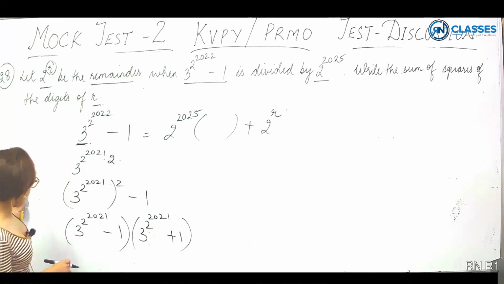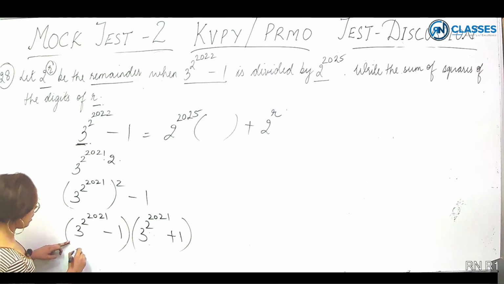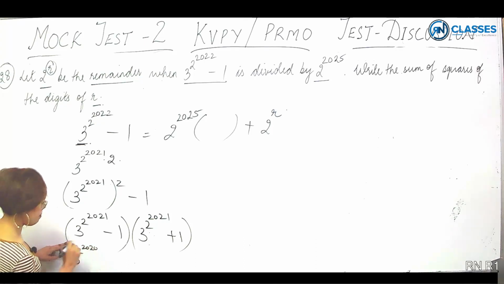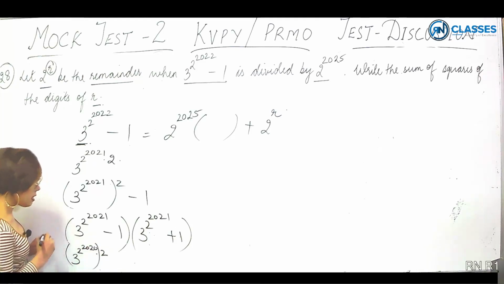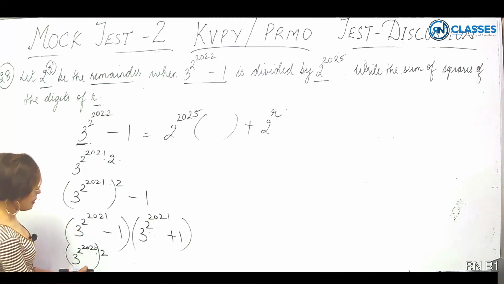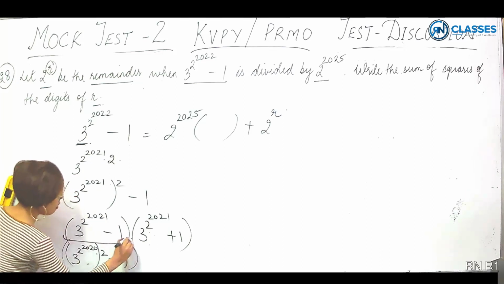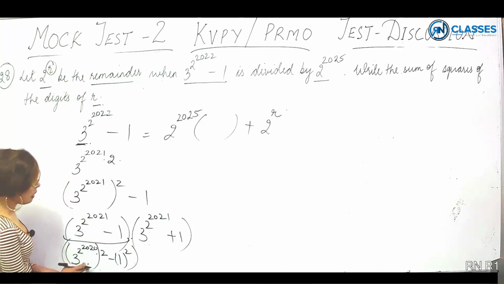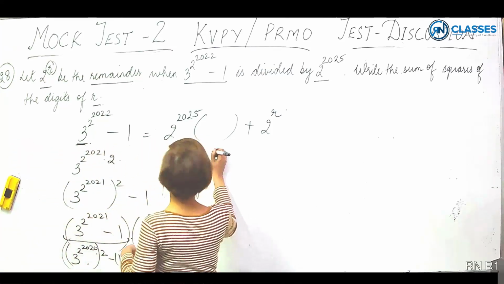Right? Now further, again you can see, I can write this as 3 raised power 2 raised power 2020, right, into 2, that means I can put the bracket and it goes like this. So again, this is nothing but this minus 1 whole square. So this factor can further be written as a square minus b square. So I can write it further like this.